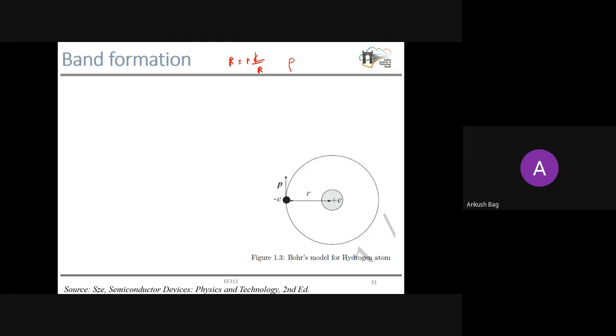So from the basics of quantum mechanics, if we understand, it is the wave particle duality. Please excuse my handwriting because I am not very good at using this pen tab.